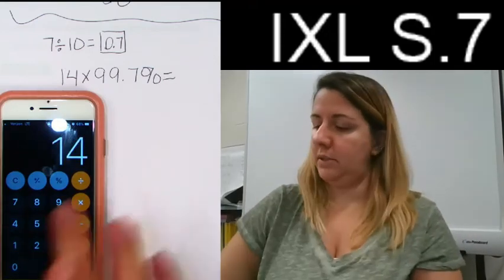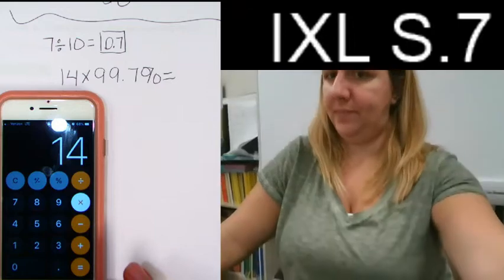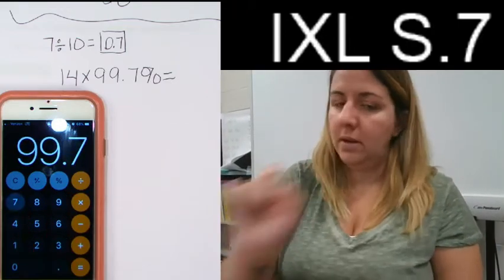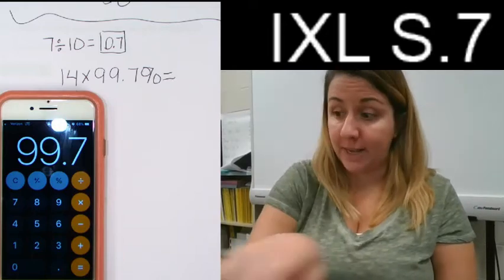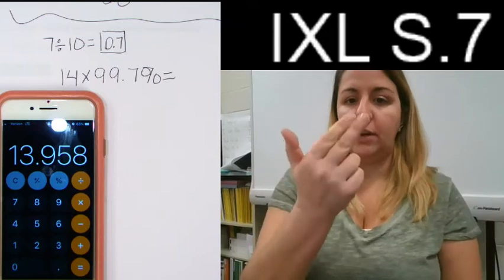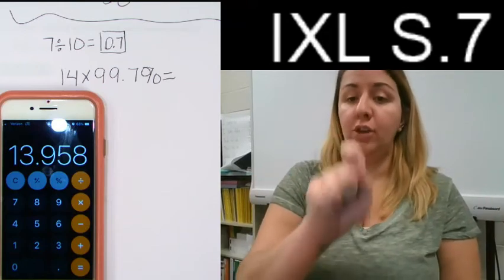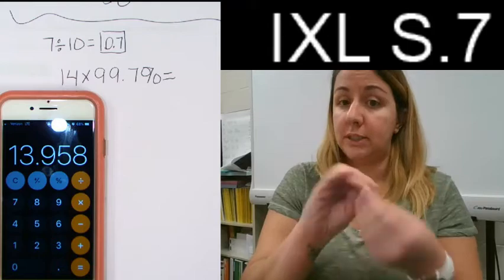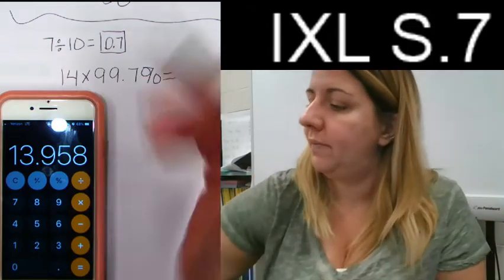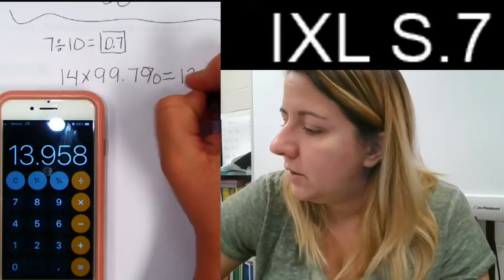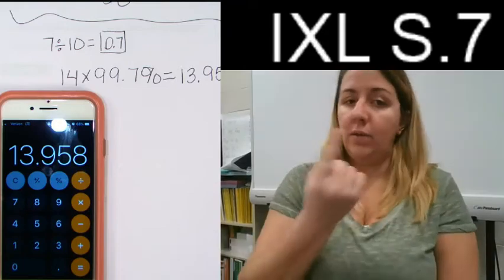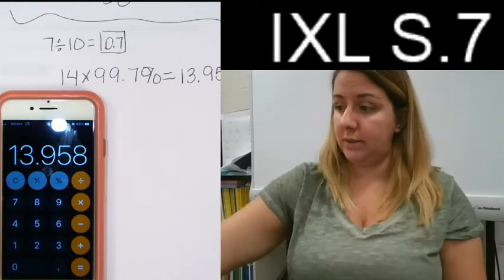$14 times 99.7% equals 13.958. You must type in all of those numbers for your answer on the computer. It's only 3 decimal points.